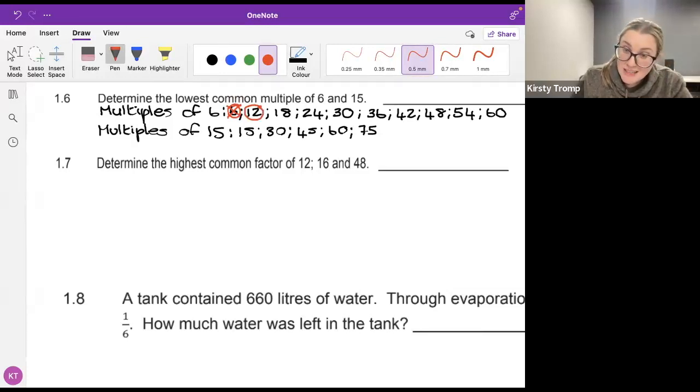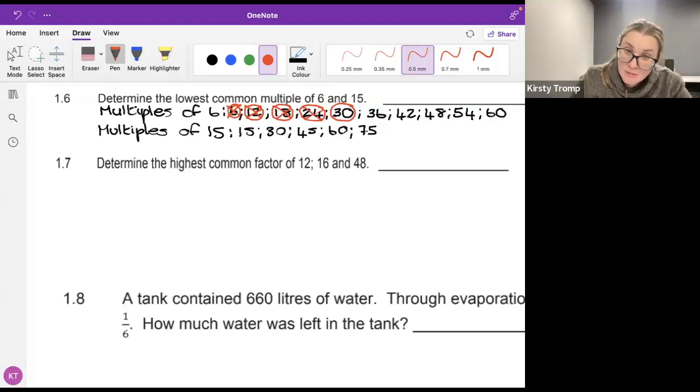Do I see 12 in the multiples of 15? No, I don't. Then I see 18. Do I see 18 in the multiples of 15? No, I don't. Then I see 24. Do I see 24 in the multiples of 15? No, I don't.